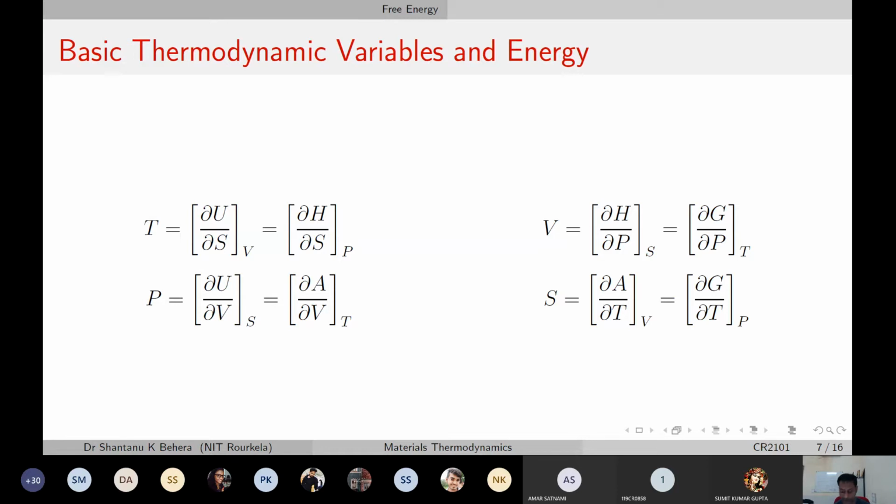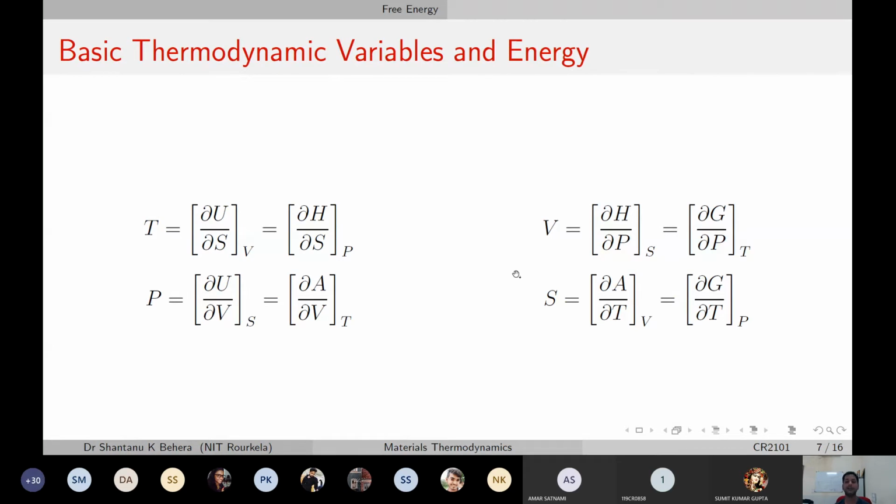And something that is very easy to remember is that we talked about energy conjugates. All of these functions are energy functions. Talk about dU or dH or dA or dG. All of these things are energy functions.